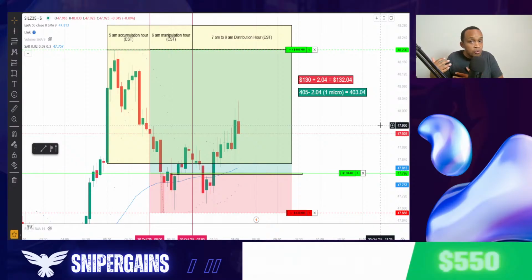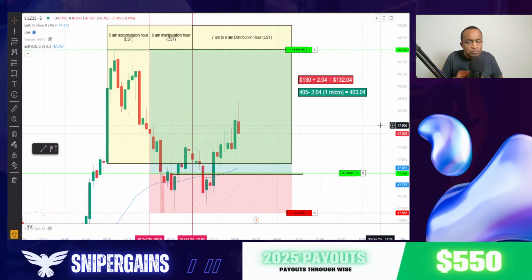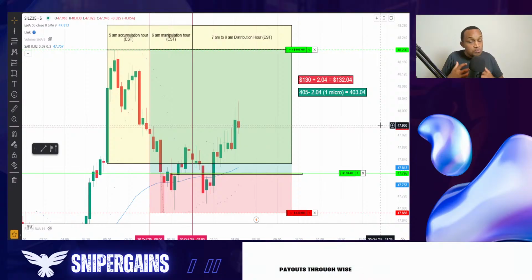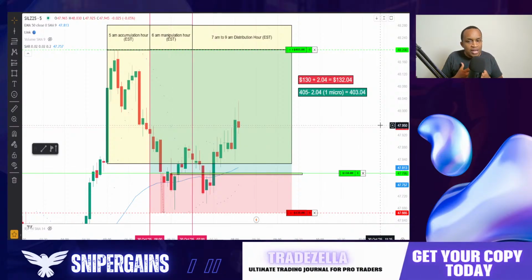And as I mentioned before, in the distribution phase, that price action can get volatile. It doesn't necessarily mean it just goes bing and goes to the target in a nice way. Sometimes it will zigzag its way to the top, so you have to be aware of that. That's why I say when starting off with this strategy, just focus on hitting the target.